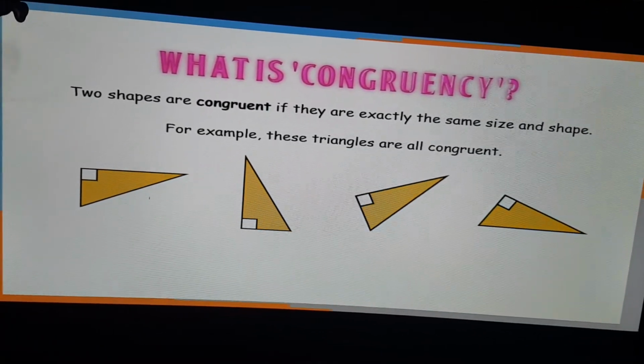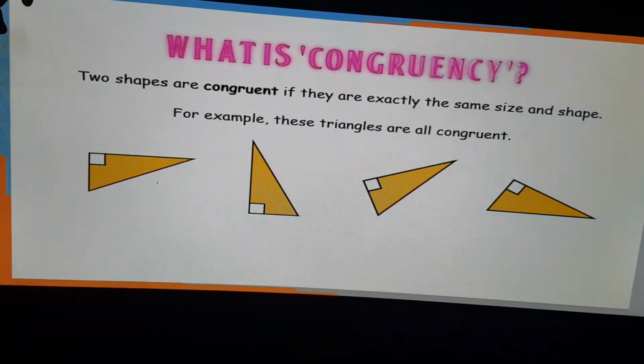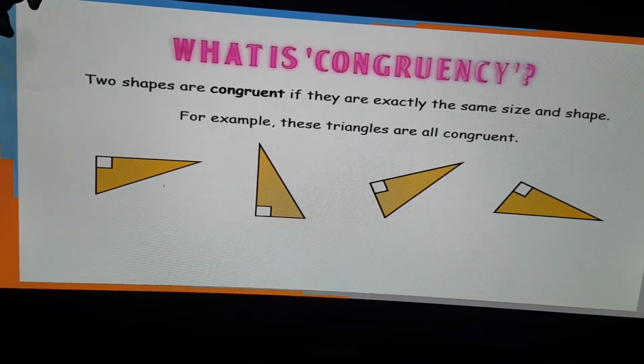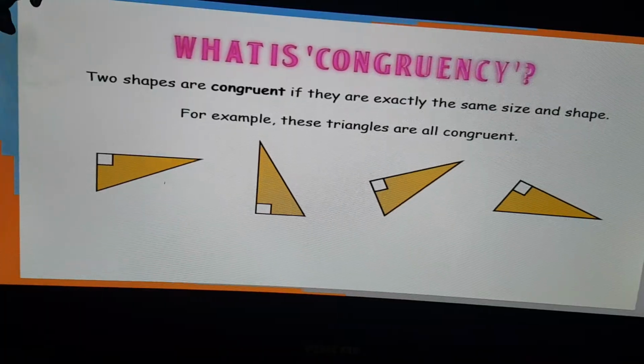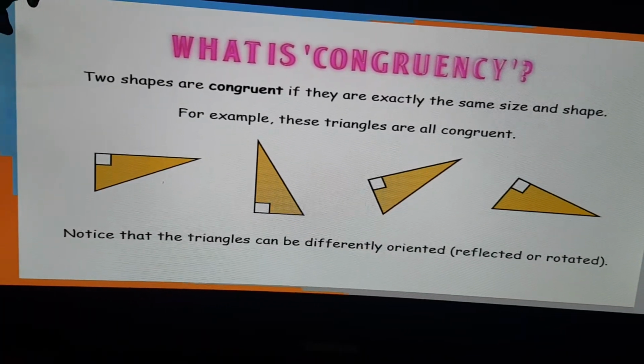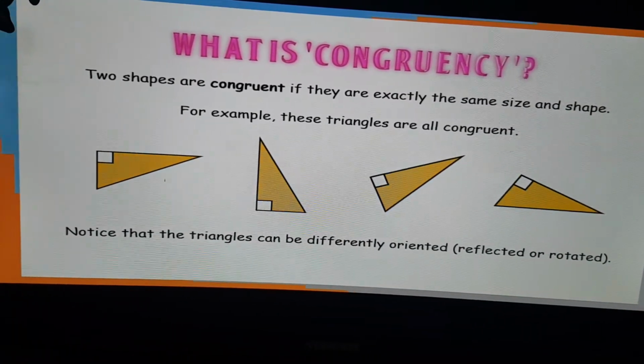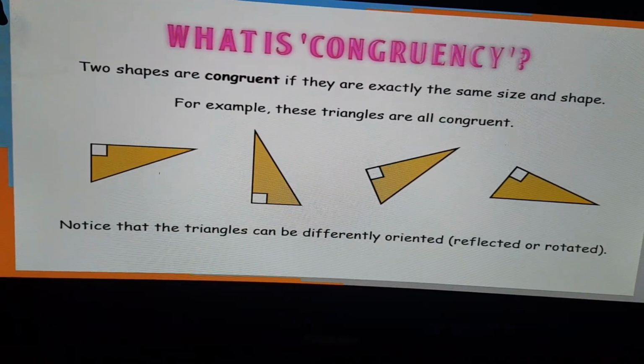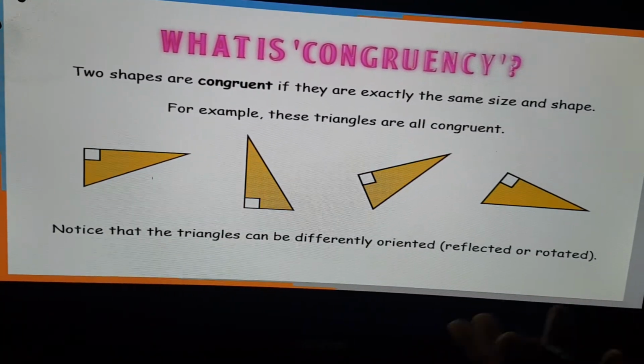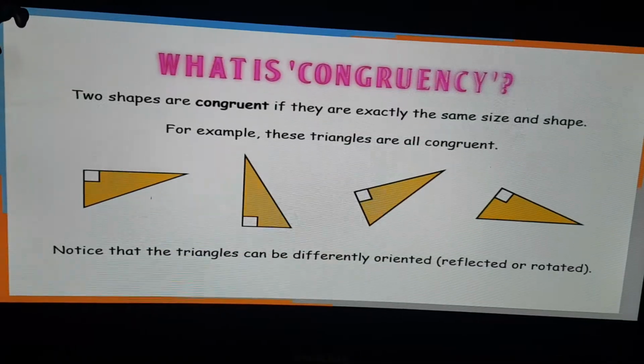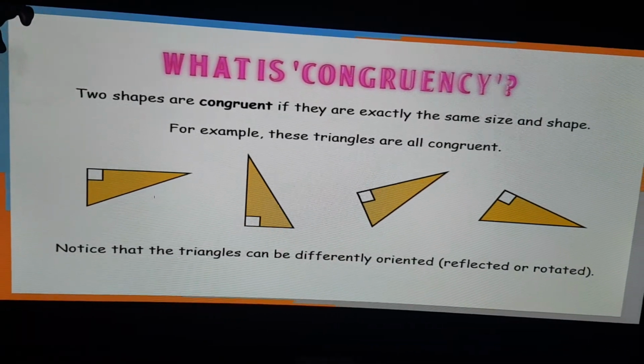As long as they're of the same shape and the same size, we say the triangles are congruent. You will notice that the triangles can be differently oriented, as you can see here, being shifted from one position, but yet they're of the same size and the same shape.